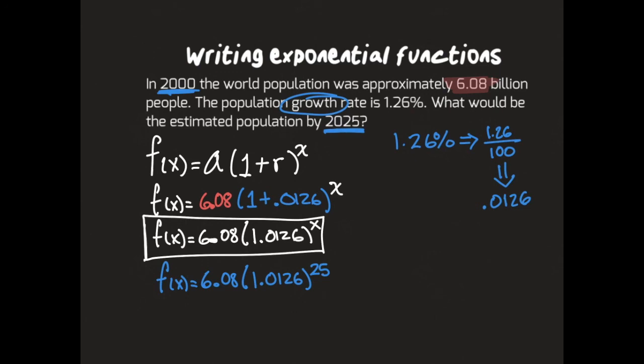We put all this in our calculator and our answer will be f of x equals 8.314. That means that the population in 2025 is estimated to be 8.314 billion people.